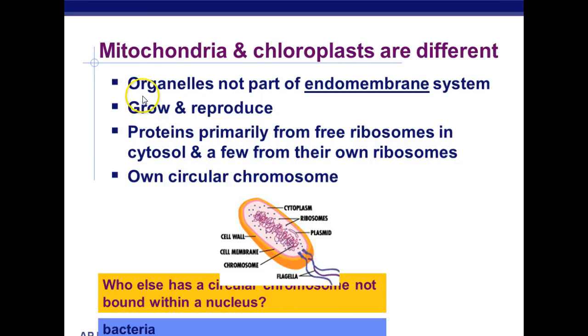And lastly, the organelles that they have are not part of the endomembrane system, which means they're not part of the cell's endomembrane system. They're part of their own endomembrane system. So that's really four really important characteristics that set mitochondria and chloroplasts apart from other organelles.